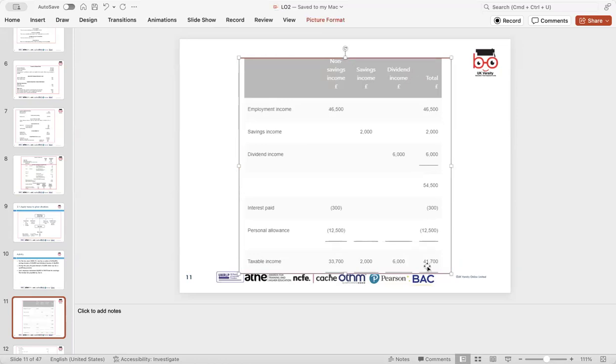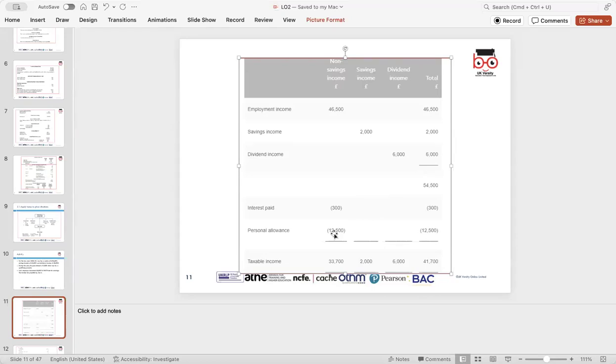So basically, here we need to account for any deductions or allowances, like the 300 pounds of interest Joe paid, which is a qualifying expense that can be deducted from his total income. Additionally, he is entitled to a personal allowance of 12,500 pounds.